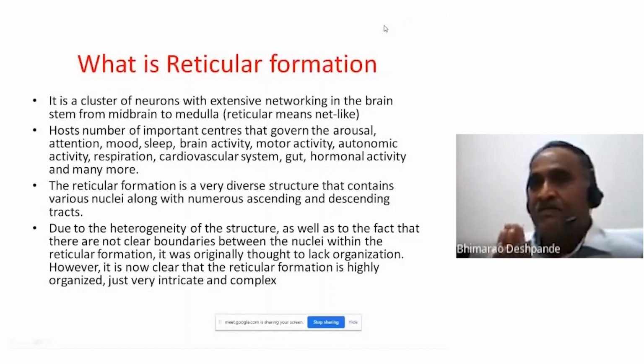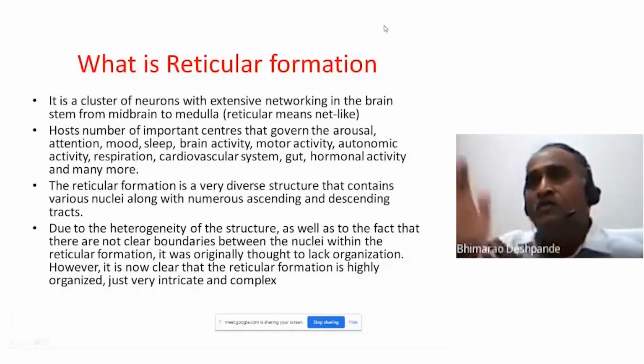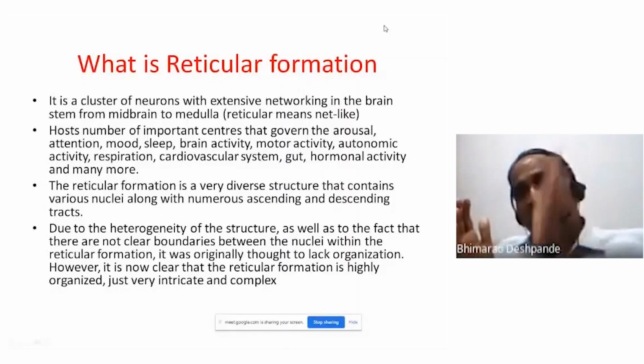This part in the midbrain, pons and medulla has a network of connections, and these connections are obtained from anything going towards the cortex, centrifugal and centripetal, anything coming from the cortex.